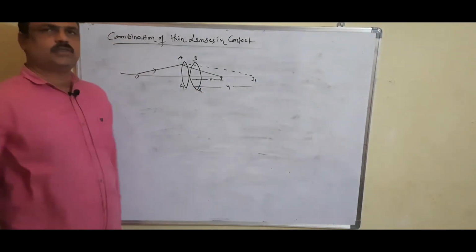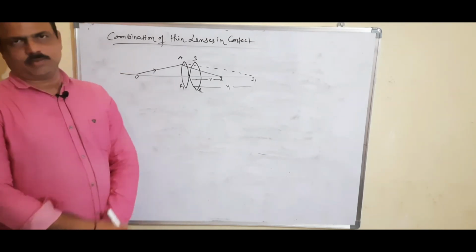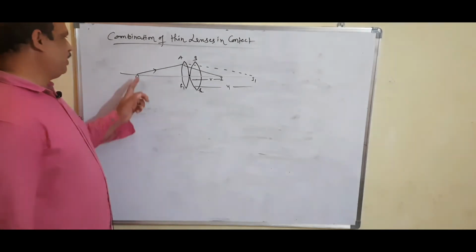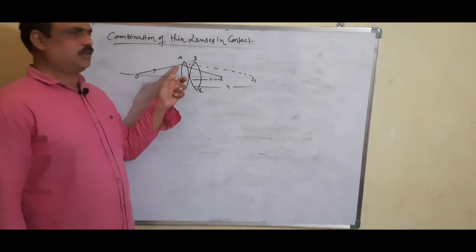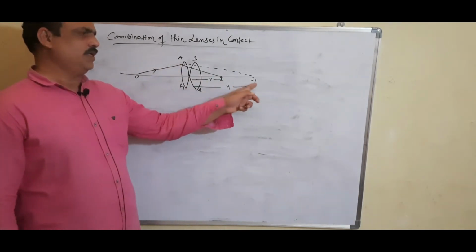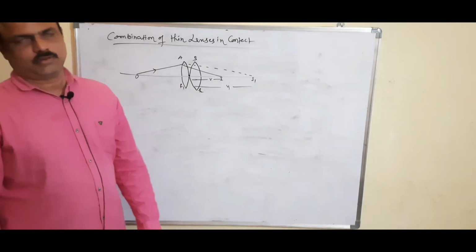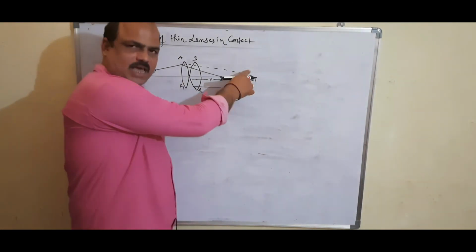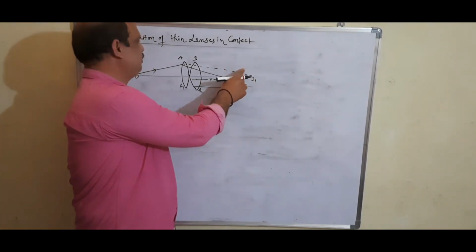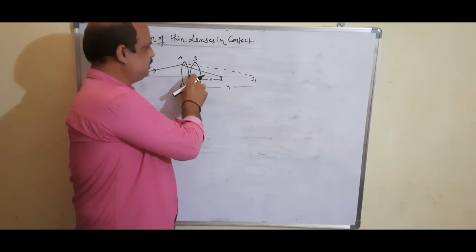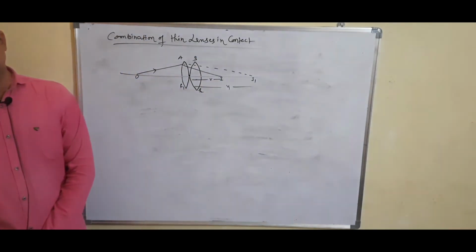Here O is the object which is kept beyond the focus of first lens A. The light ray coming from object O is incident on the first lens, and it forms image I1 at a distance V1 from the common center. This image acts as virtual object for the second lens, and the second lens forms image I at a distance V from the common center.